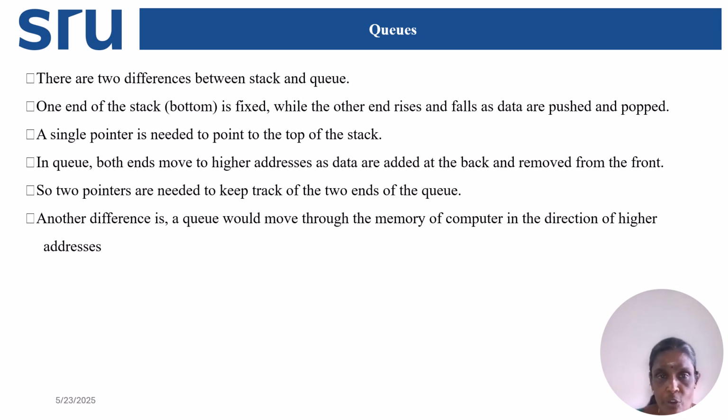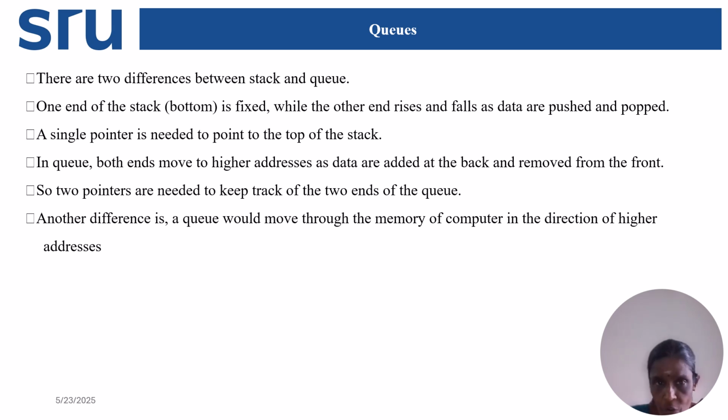between the stacks and queues. In case of queues, we can handle the data from the top of the queue as well as from the bottom of the queue. So one end of the stack, I mean the bottom of the stack, is fixed. So we cannot move the data to and from the bottom of the stack.